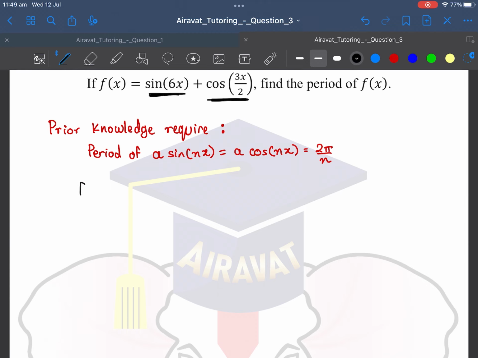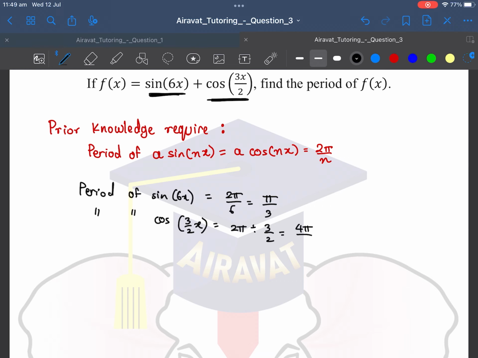So let's do that. The period of sine of 6x would be 2 pi over 6, which would be pi on 3, and the period of cosine of 3/2 x would be 2 pi divided by 3/2, which would be 4 pi on 3.